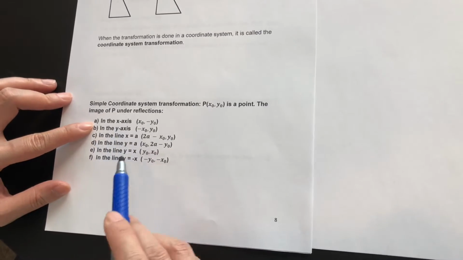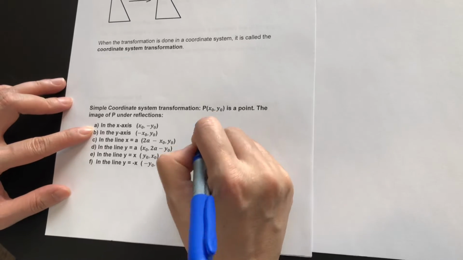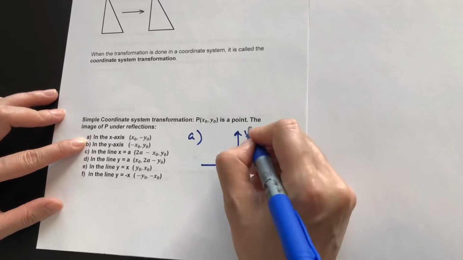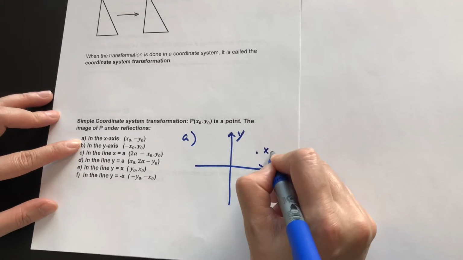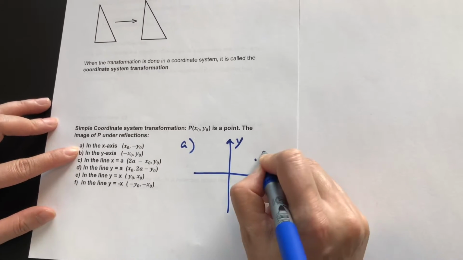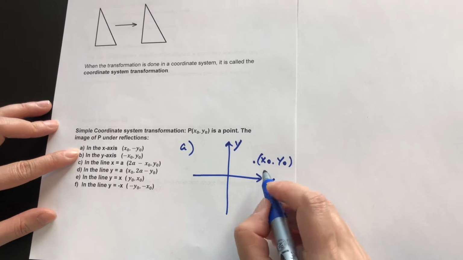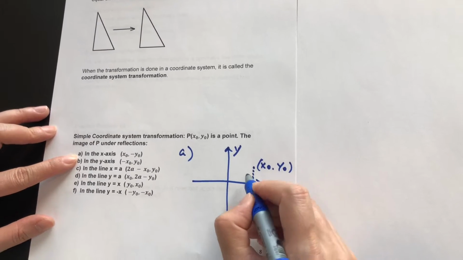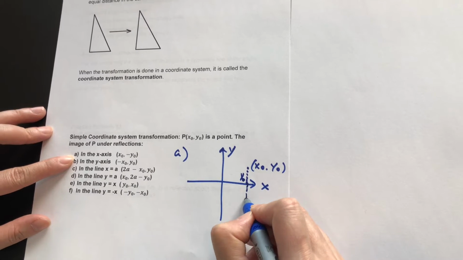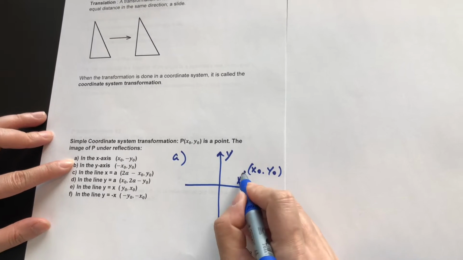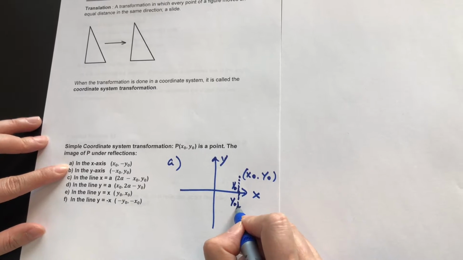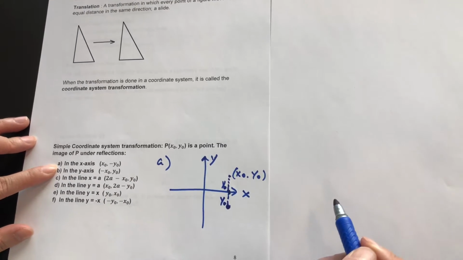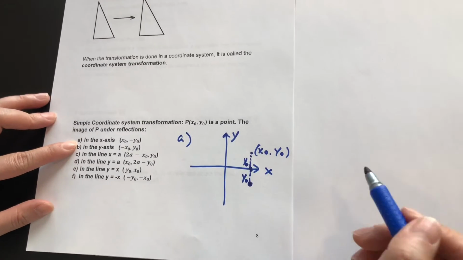In part A, the x-axis: if we have a point x0, y0, with respect to the x-axis, we draw a perpendicular line to x. This height is y0. And on the other side, we want to find exactly the same height.